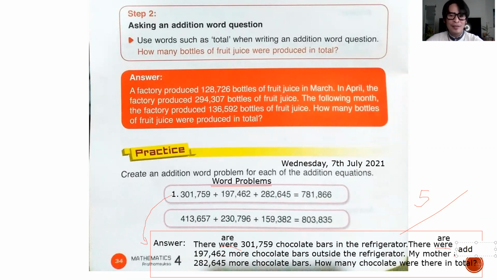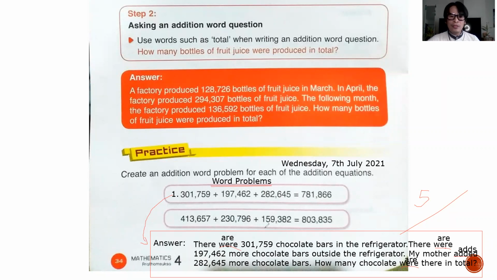I will consider it. It depends on the sentences. How many chocolate bars are there? You can write "are" instead of "were" if you change that. If you choose the past tense, then use "were" and "added".